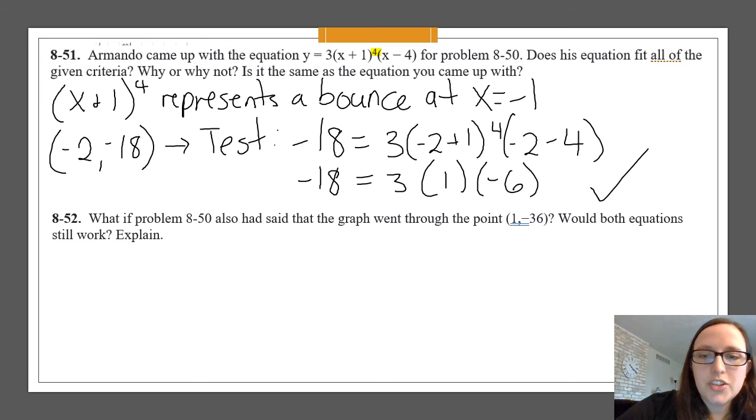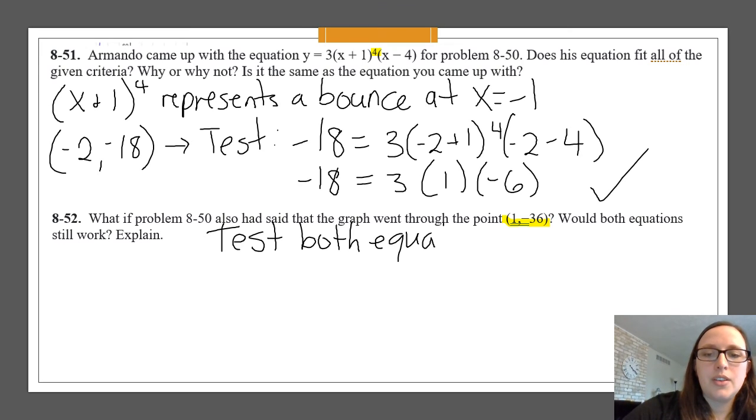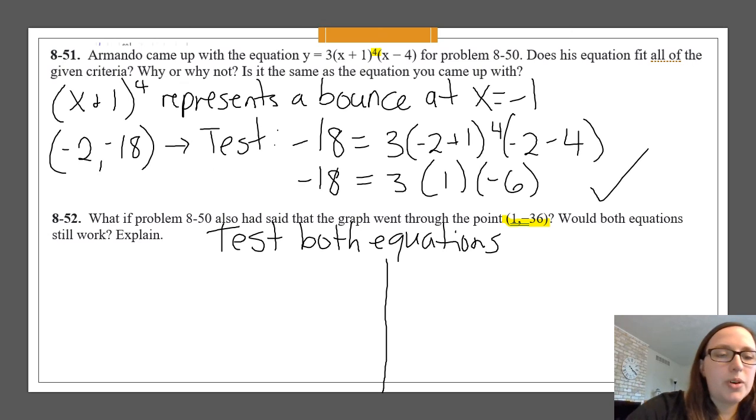Now, what if we threw a wrench in here and we said that we knew another point on the graph was at 1, -36? So we will test that out in both equations. So remember, our equation is y equals 3 times x plus 1 to the 2nd power instead of the 4th.